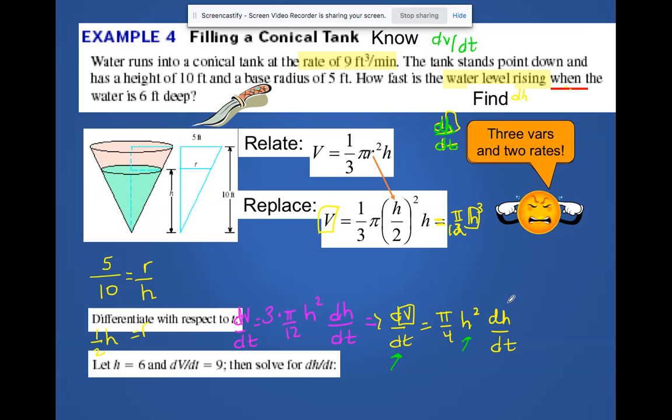And you're solving for dh/dt. So 9 is equal to pi over 4 times 6 squared times dh/dt. So dh/dt is equal to 9 times 4 over pi times 36.